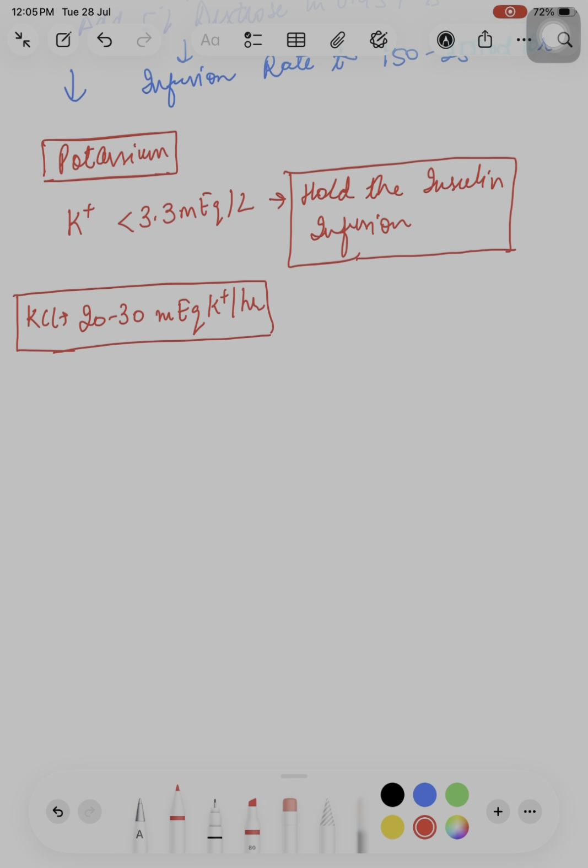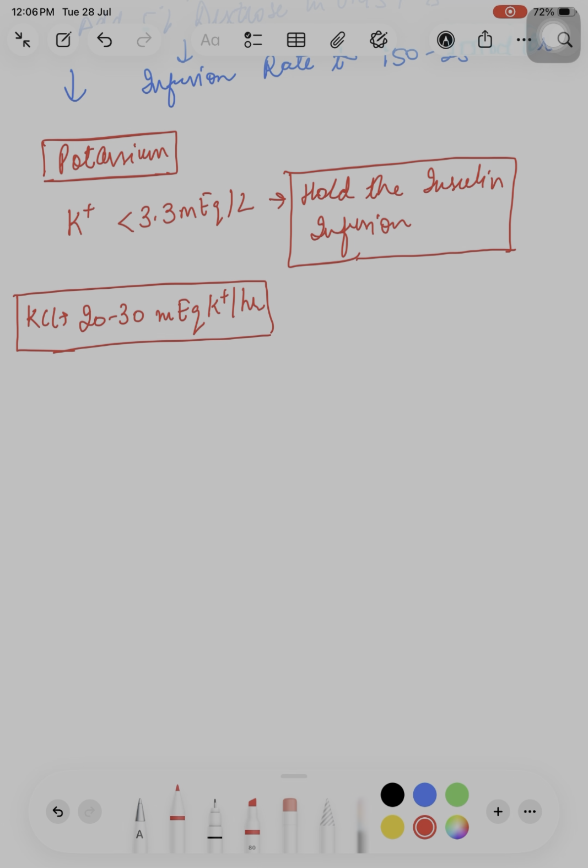One ampule of KCl comes in two forms. One comes in 15%, one comes in 7.45%. One ampule which comes in 15% has a dose of 20 milliequivalent of potassium. You have to add that in the normal saline or N/2 saline, depending upon the sodium concentration, right?